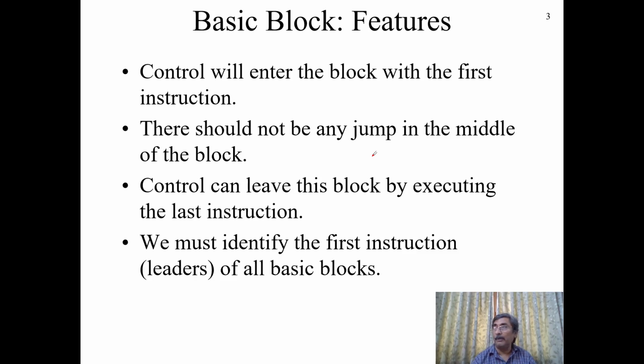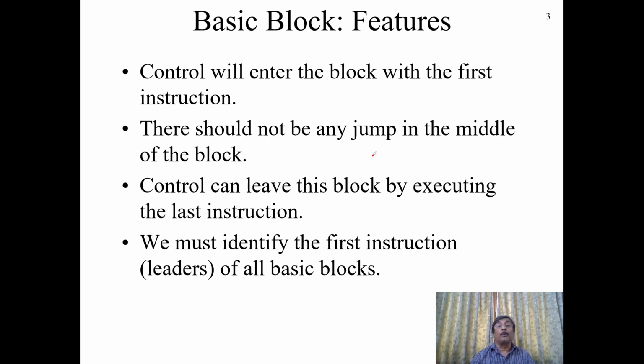Now, at a lower level, like at an intermediate code level, blocks are to be identified quite unambiguously so that we can operate on that. So, as I said, in a block of three address codes, the idea is we can enter the block in the first instruction, that is the first quadruple.